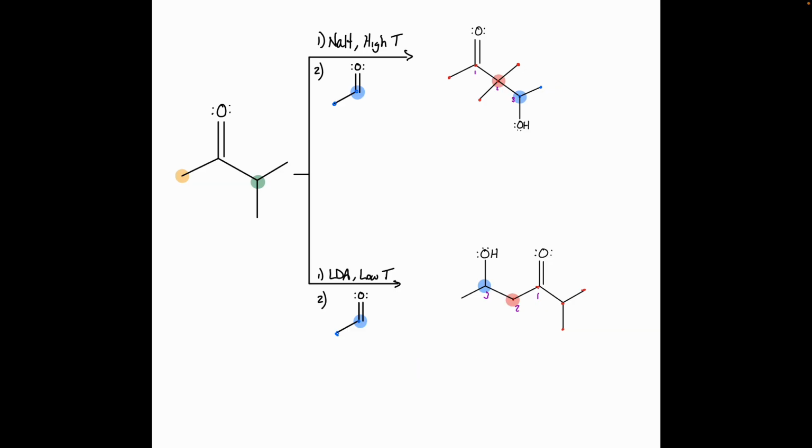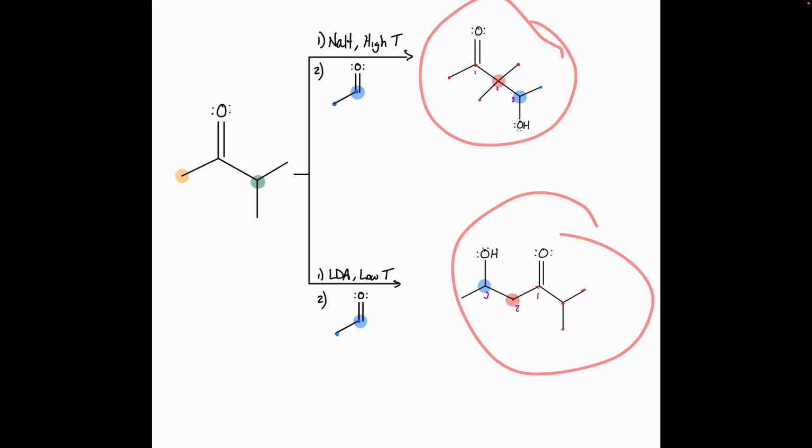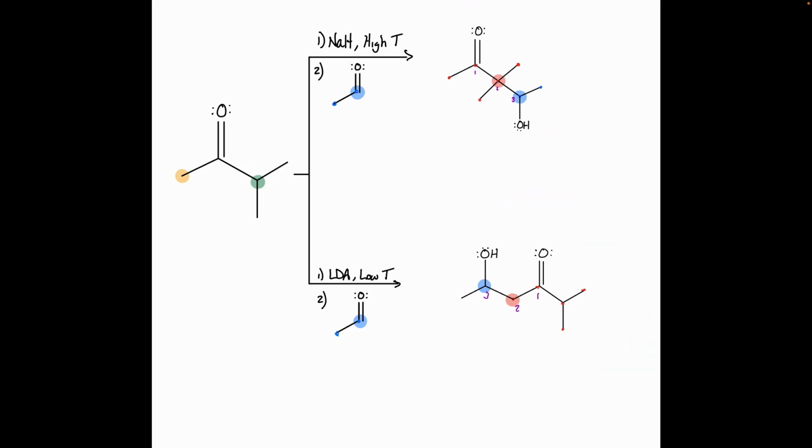So notice that depending on which base we use, we can select one or the other alpha carbon, leading to a different product in our aldol addition reactions, right? Sodium hydride selects the more substituted carbon to be your nucleophile. Lithium diisopropyl amide selects the more accessible carbon to be your nucleophile.